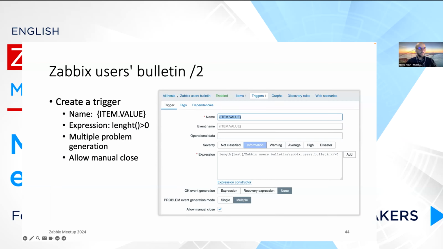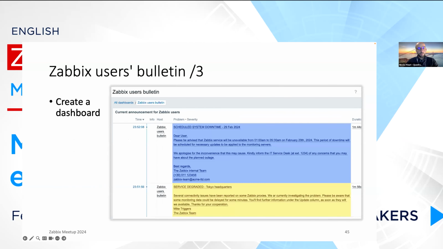multiple problem generation to create several messages in the bulletin board, and allow manual close to delete messages when you don't need them anymore. And that's it. Create a dashboard with a problem widget for the dummy host, and it will contain and show all the messages, and the user will find here all the information. You can also manage messages here, updating them, adding comments, or closing with the update problem.